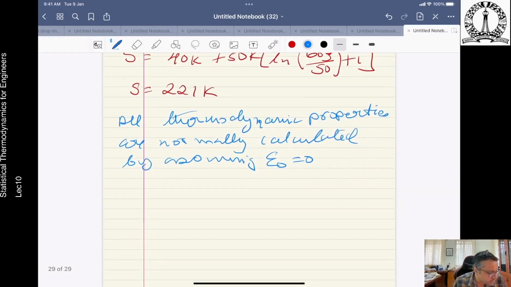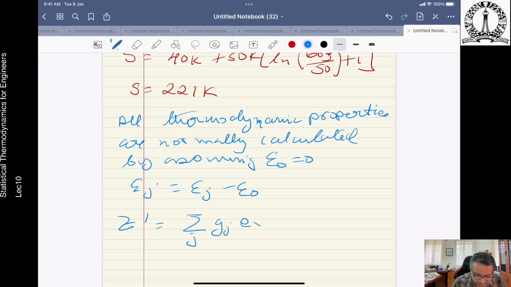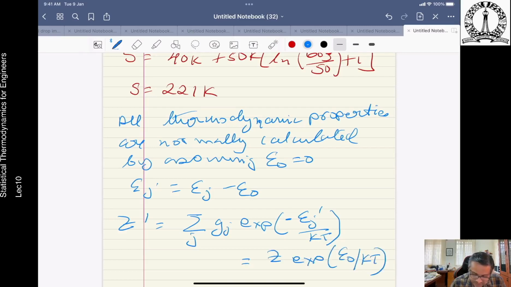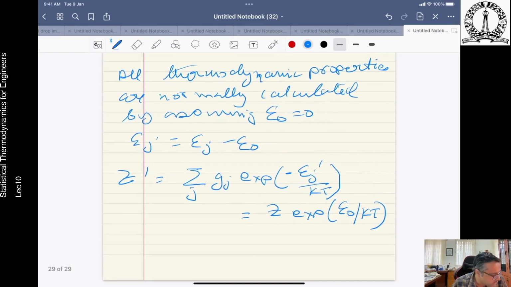So any property is dependent on the choice of E naught. So Ej, for example, is Ej minus E naught. Therefore, Z prime, if we define it like that, is the sum over j of g_j exponential minus Ej prime by Kt, which is equal to Z exponential E naught by Kt. So this is how we define Z prime.